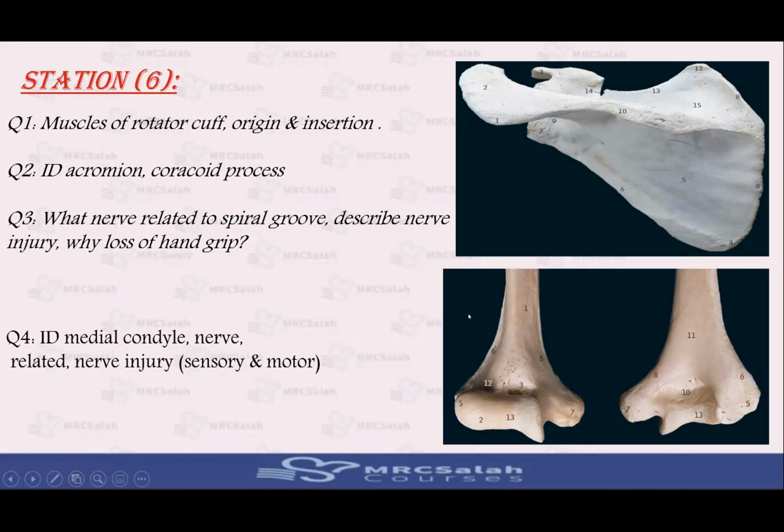Can you describe the nerve injury? Actually, loss of the hand muscles, the intrinsic muscles of the hand, the abduction and adduction of the fingers.